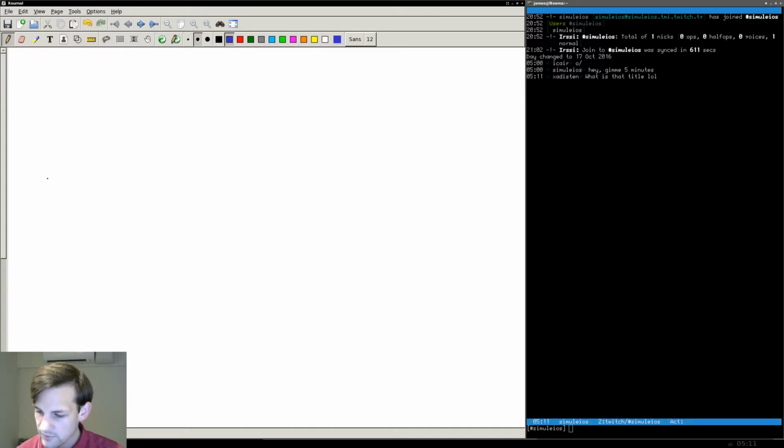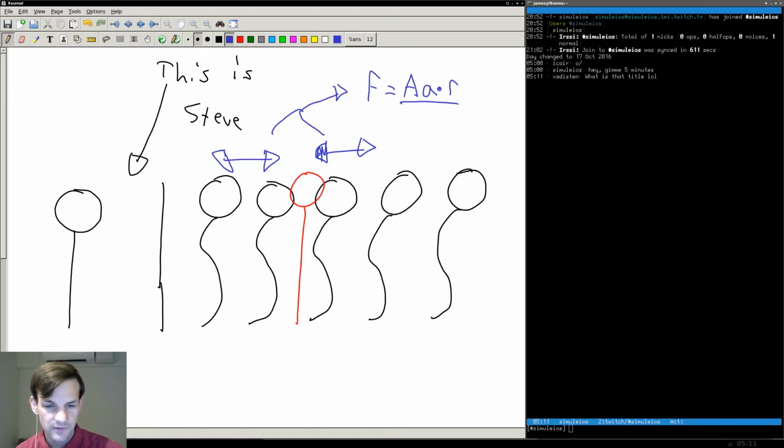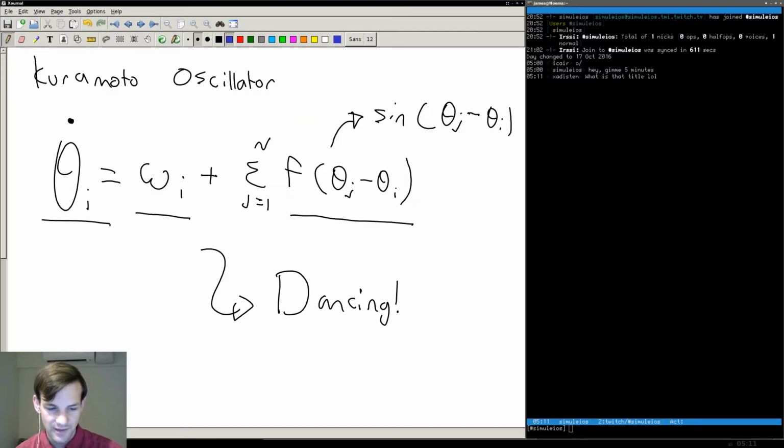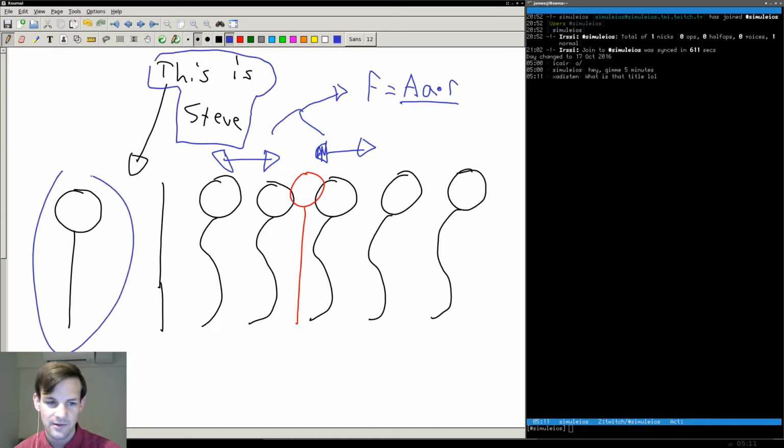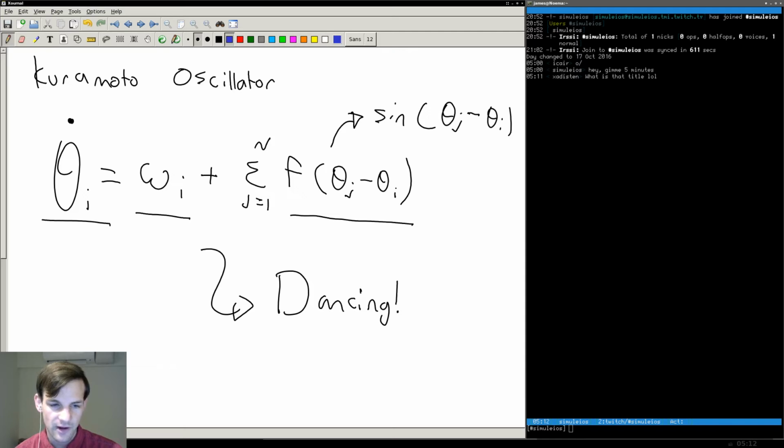We are going to do the following. If you haven't been here before, for the last simulation, we've been basically teaching Steve right here, this guy right here, how to dance by throwing him into the middle of a dance floor. And then he basically follows what's known as a Kuramoto Oscillator in order to dance to the same frequency of everyone else.